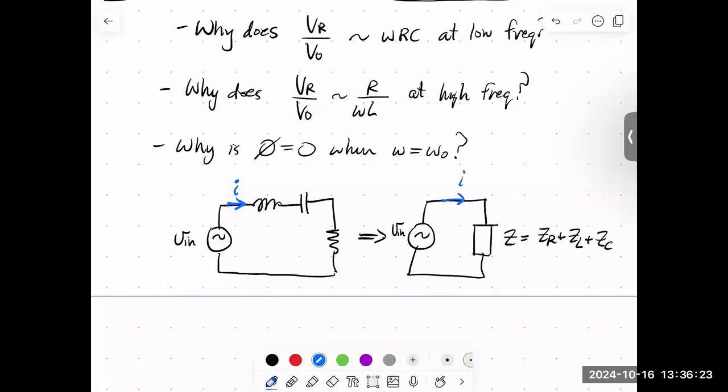If I did a loop rule around the circuit on the right, I would say V in minus I times Z is 0.